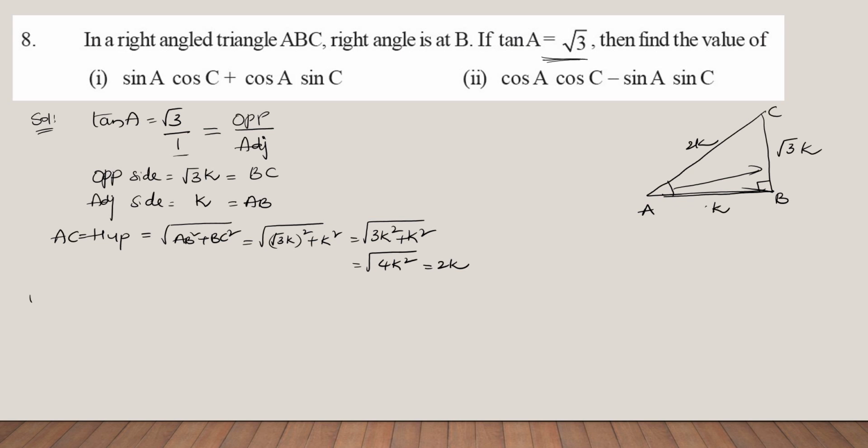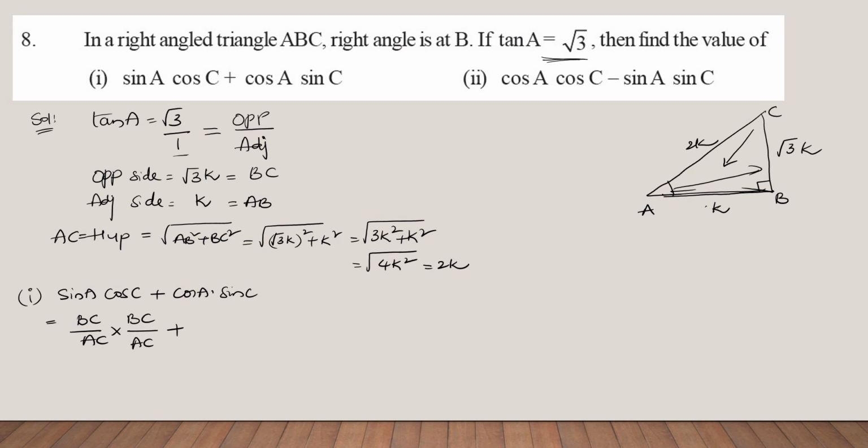Now finally I am going to deal with the values. So sin A into cos C plus cos A into sin C. Now let us see with respect to angle A. Sin is nothing but opposite side of A, which is BC by AC, into cos C. With respect to angle C, opposite is AB and adjacent is BC, and hypotenuse is as usual AC.